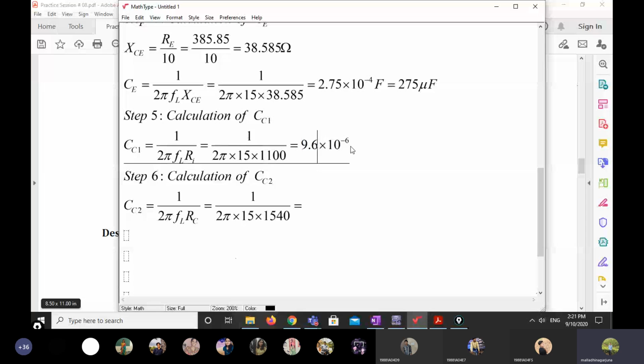So 10 power minus 6 means microfarad. And the CC2 is approximately the same, both will be approximately the same.